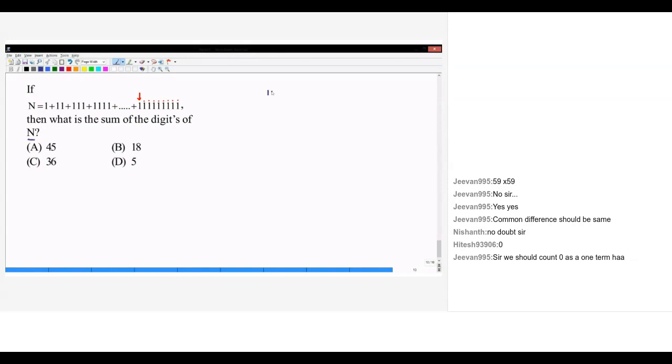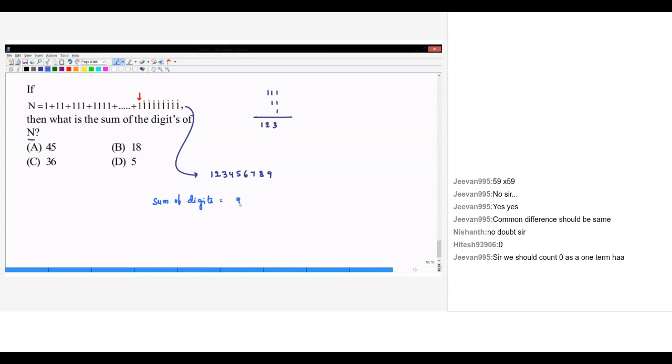See, if I take 3 ones and 2 ones and 1, we know the sum is what? 1, 2, 3. So if I extend it for 9, then it's going to be 1, 2, 3, 4, 5, 6, 7, 8, 9. And what is the sum of digits? The sum of n natural numbers, right?